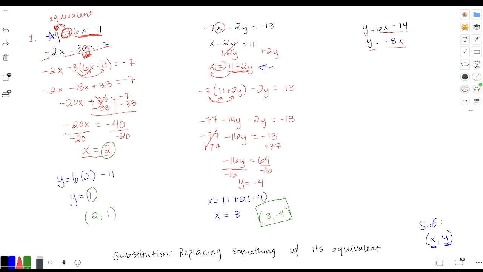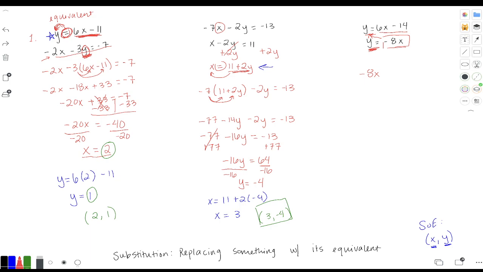We can also look at it as if negative 8x is equal to y, then that means we can just plug this in right up there for y. So we can plug this negative 8x in for y, because we know that it's equivalent, so we know that it can be substituted. It is equal to y.